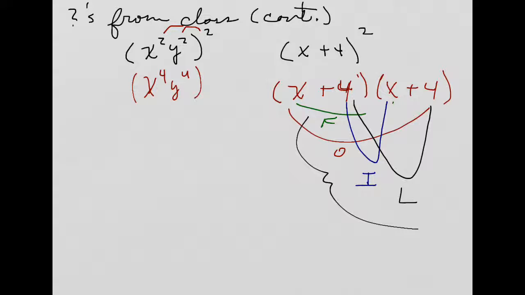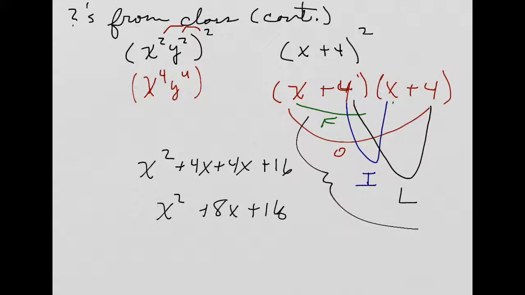FOIL. So, what do we get when we do that? We're going to do first times our first, which gives us x squared. Our outer times our outer, plus 4x. Inner times our inner, plus 4x. And then our last term times our last. So the plus 16, simplified down, plus 8x, plus 16.